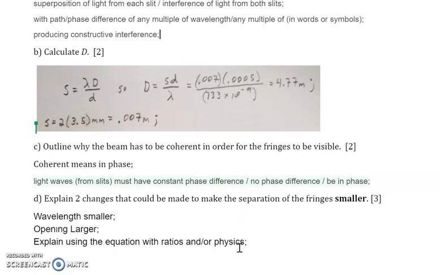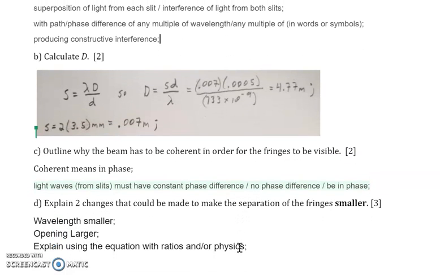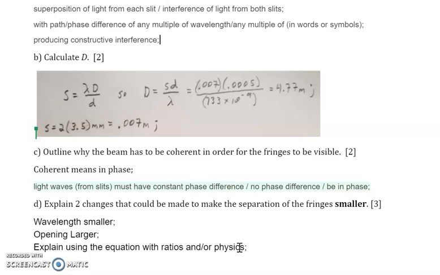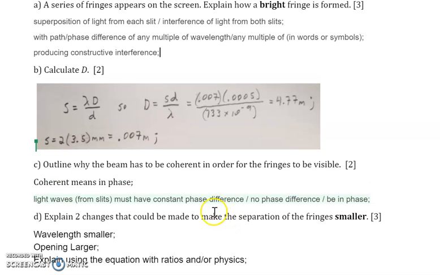Finally, explain 2 changes that could be made if we were to have the fringe separation get smaller. In other words, how can we make S get smaller? So if we look here, how do we get S to be smaller? Lambda, the wavelength, could be smaller. The distance between the 2 openings, D, could be larger.